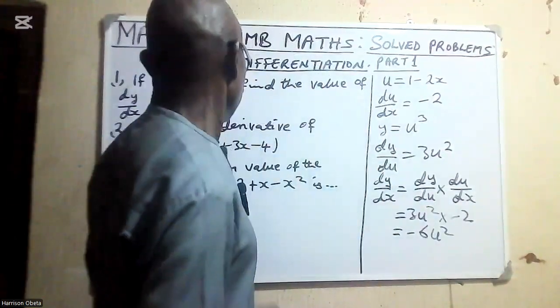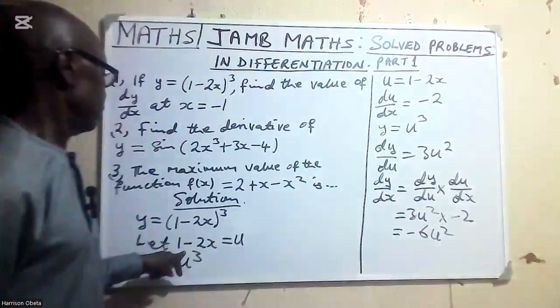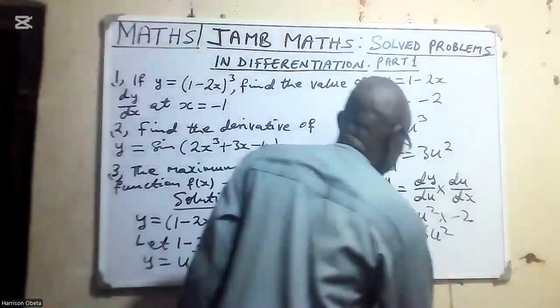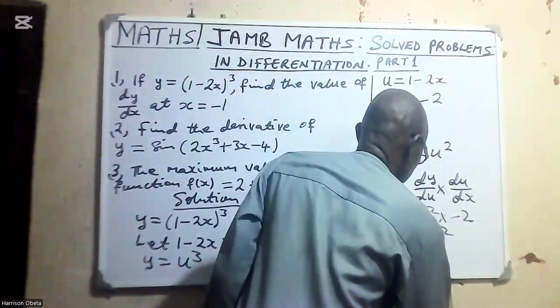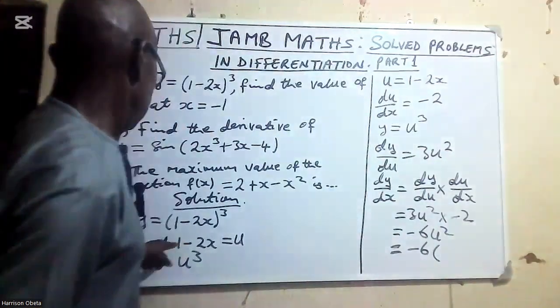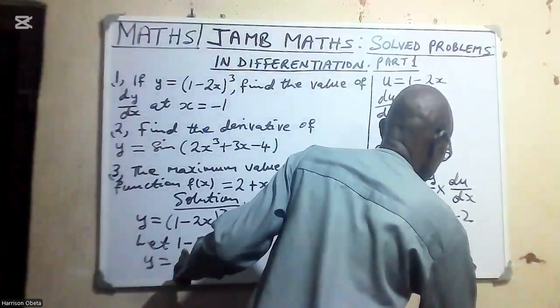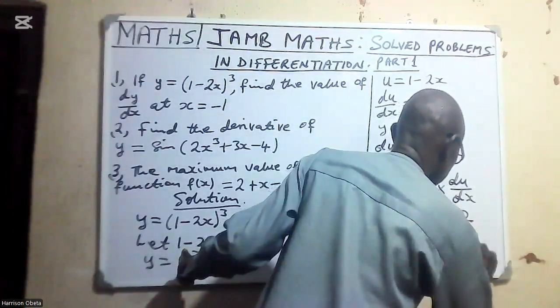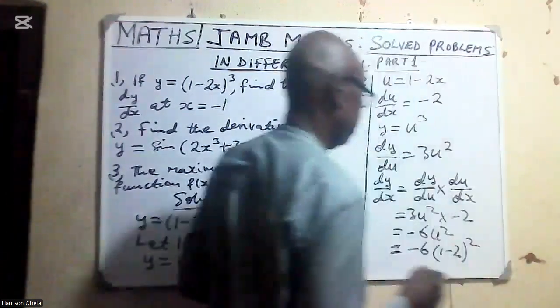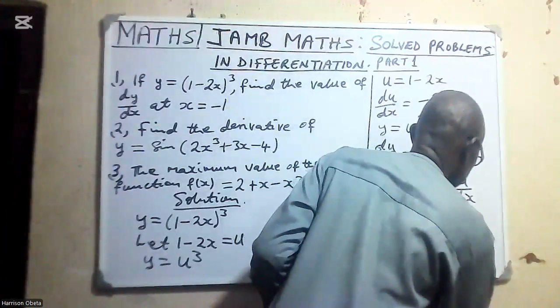Bringing back the value of u from here, that means we have minus 6 brackets 1 minus 2x all raised to the power 2.